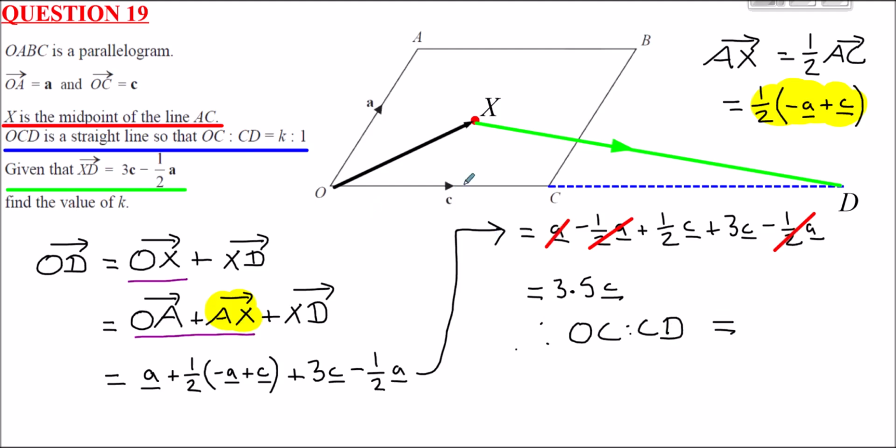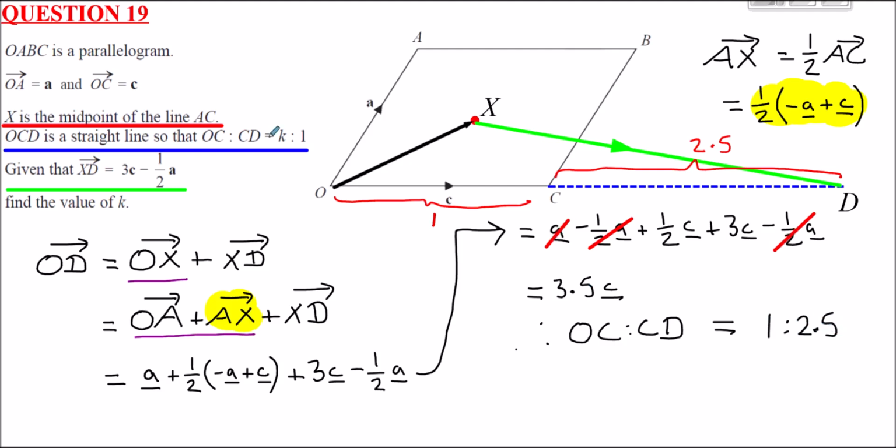From O to C, that was just one lot of vector C. But then from O through to D, that's 3.5 lots of C. So if that's one lot already, the total distance is 3.5 lots. From there to there, it must be 2.5 lots, because 1 plus 2.5 gives us 3.5 lots of C. So the ratio of this is 1 to 2.5.